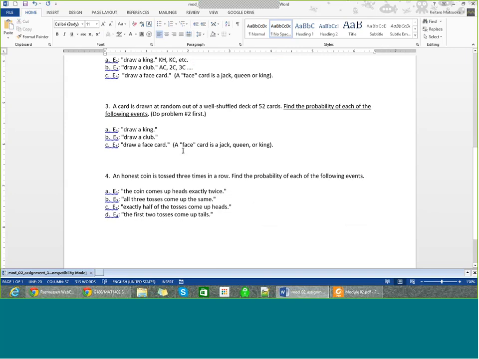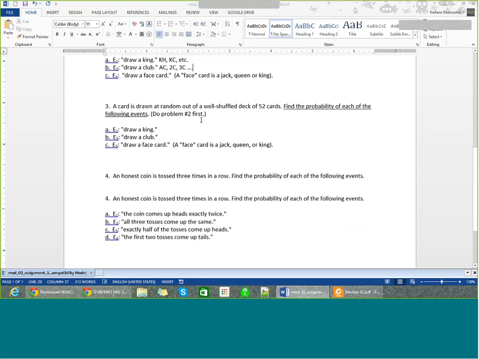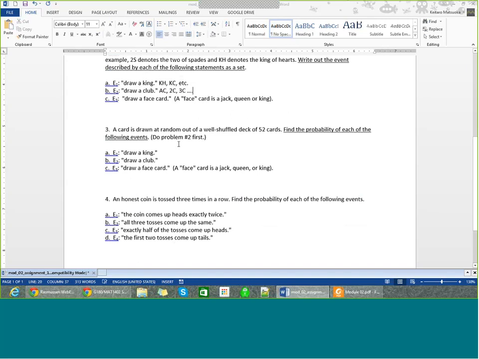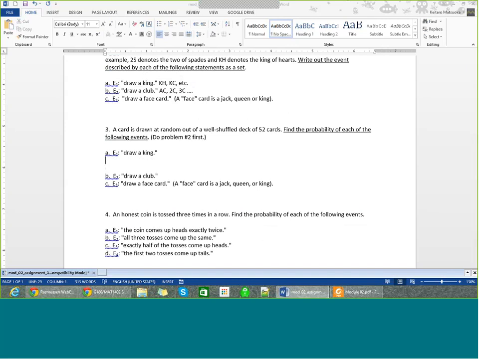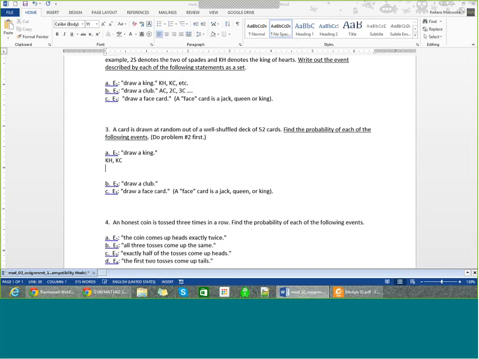So now you have to figure out 3, which is the probability of each happening. So let's say the answer to question 2A was KH and KC. The question now is, what's the chance of King of Hearts? Well, if you count King of Hearts in a deck of cards, there's only one, so it's 1 out of 52. Same logic for King of Clubs. There's only one King of Clubs, so that's 1 out of 52.